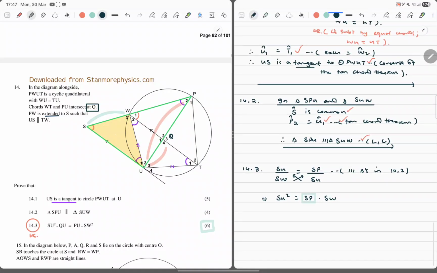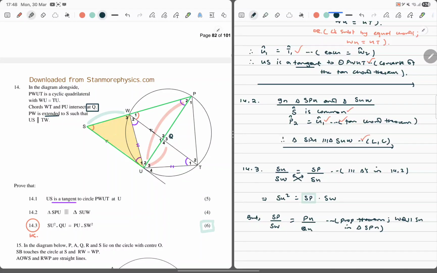We're going to say, well, we know that SP over SW is going to be equal to PU over QU. Right. Now this is the proportionality theorem, with WQ parallel to SU in triangle SPU.